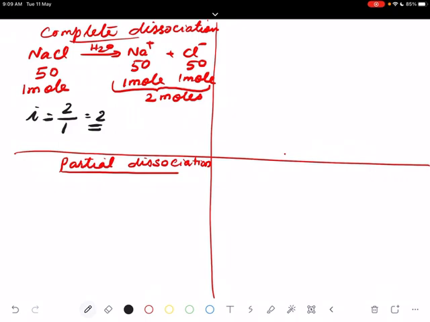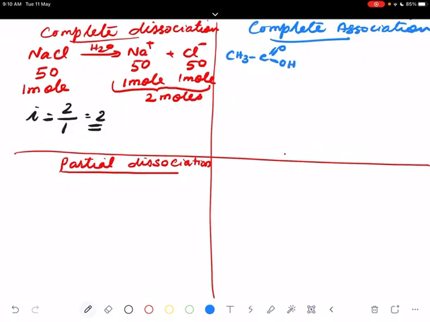Now, let's move to complete association. For example, acetic acid CH3COOH put in benzene, C6H6. From that side, CH3COOH, here double bond O. There is hydrogen bonding between these two.